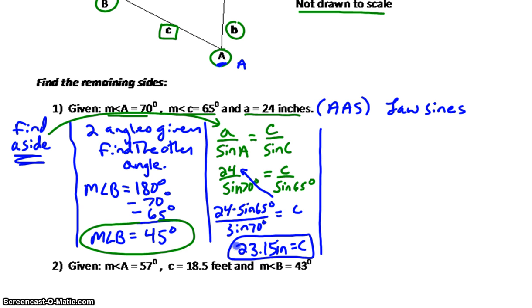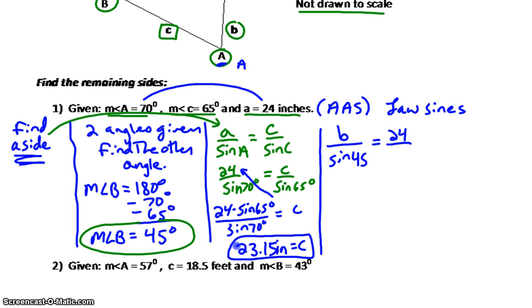Now I'm going to get my other value. My other value is for the side B. And B we found was sine of 45 degrees. And that will equal, I'm going to choose the original given, so I'll pick A again. I could choose side C and sine of 65, but I like to use the ones that were given, so I avoid rounding error.